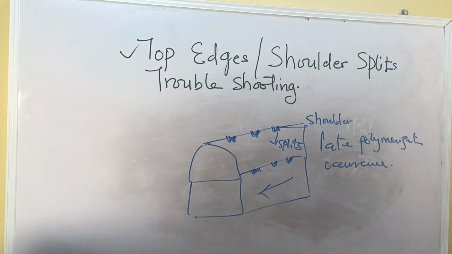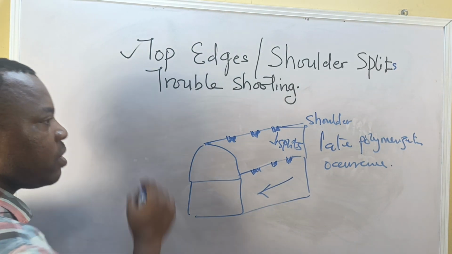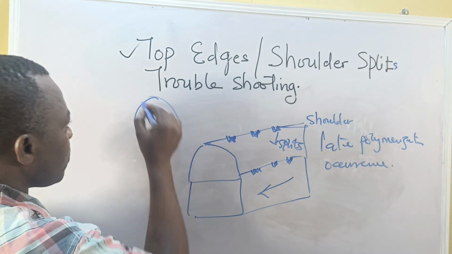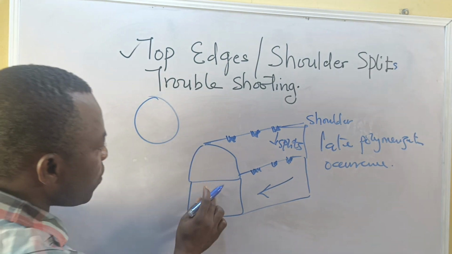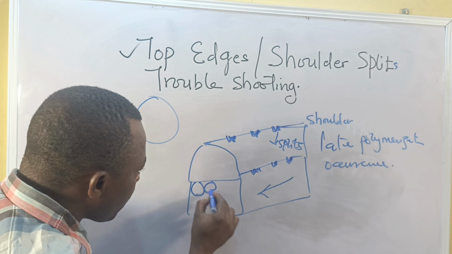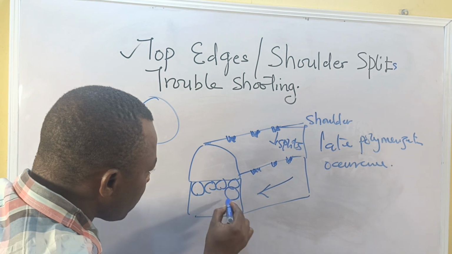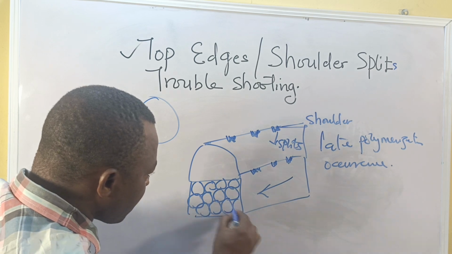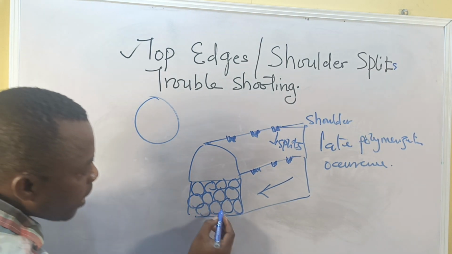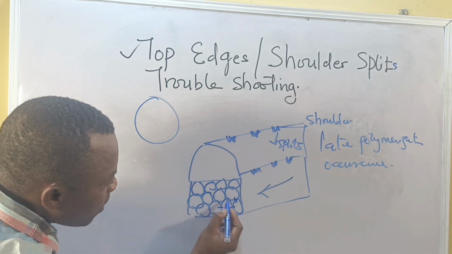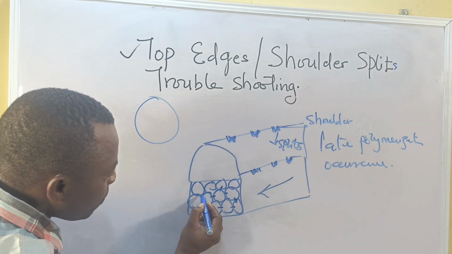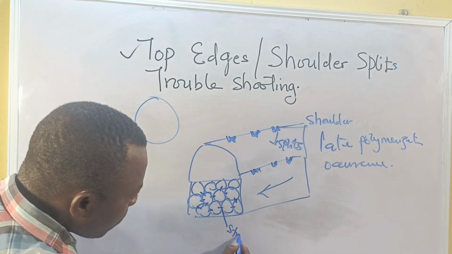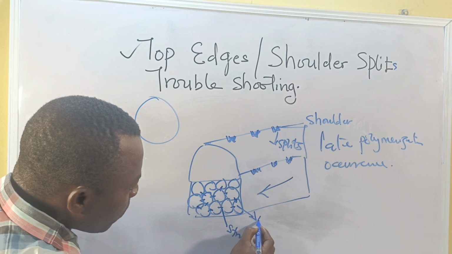Now, you see, foam is made up of windows and struts. This is a foam. Inside this foam, you will see something like this, but you cannot see it with your naked eyes except with the use of an electron microscope. Now, inside this is a strut. It's a kind of bridge. So this is a window.